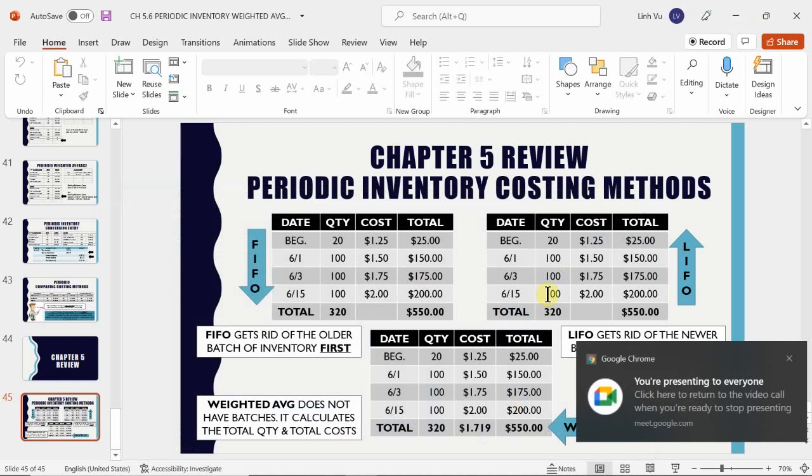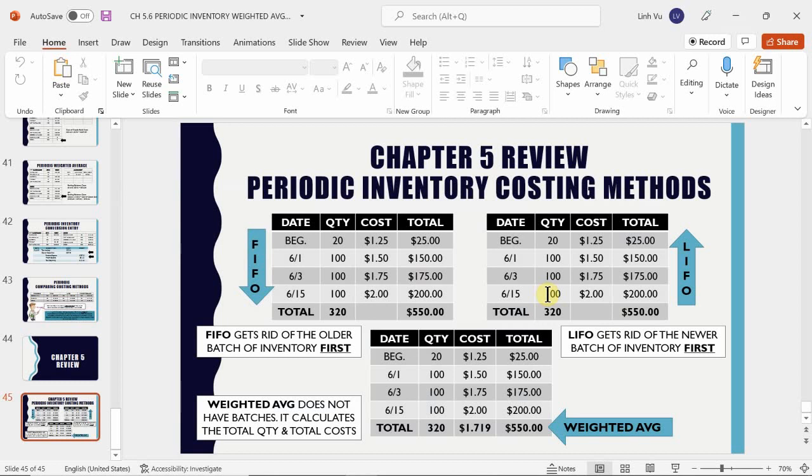Now, for any of these techniques, if you're going to be starting with FIFO, if you know for a fact that you're going to get rid of your first batches first, then you can automatically assume that your ending inventory is going to be what you last purchased.